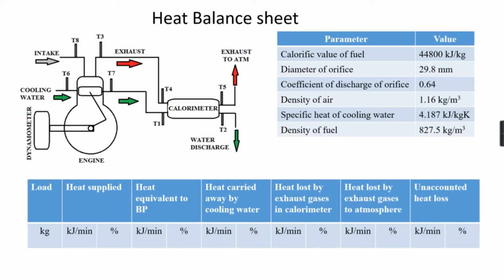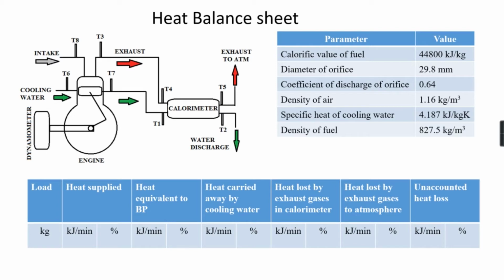And out of that some heat will get converted into useful work, some heat will get lost to the atmosphere. So we are going to calculate all those heats and we are going to see how the heat distribution is there inside the whole test setup. Basically heat balance sheet is calculated on kilojoule per minute and percentage basis.